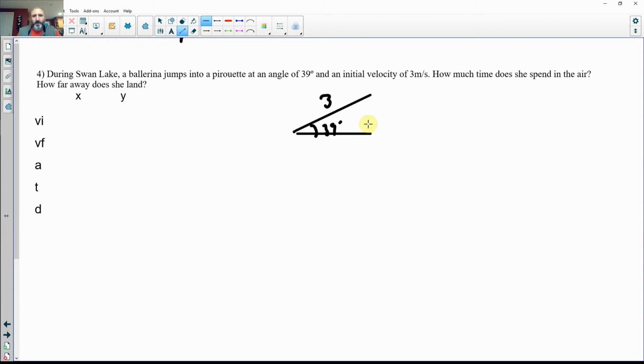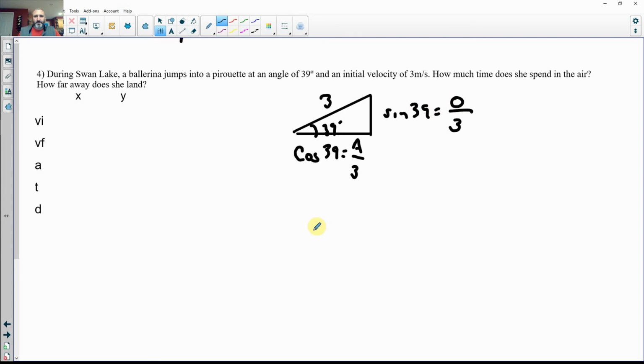Cosine 39 equals the adjacent over the hypotenuse, which is 3, and sine 39 equals the opposite over the hypotenuse, which is 3. So 3 cosine 39 is going to be 2.33 meters per second in the x, and 3 sine 39 is going to be 1.88 meters per second in the y.